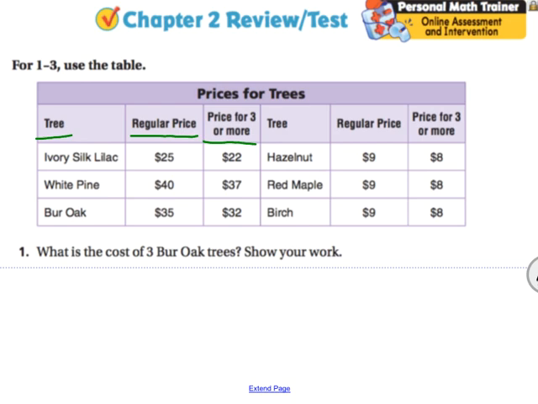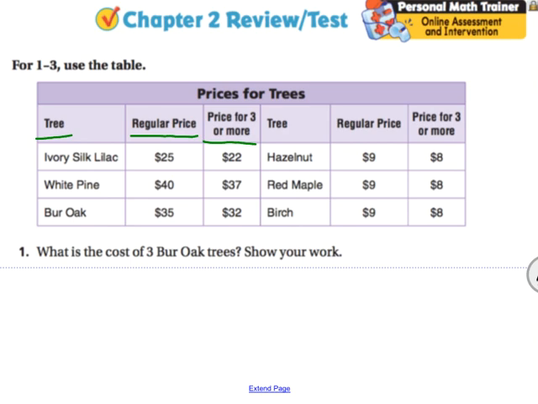However, if you decide to buy 3 ivory silk lilacs, you no longer pay $25 each. You get a discounted price and you pay $22 each. It's still each. Okay? So that's how we have to read this table.